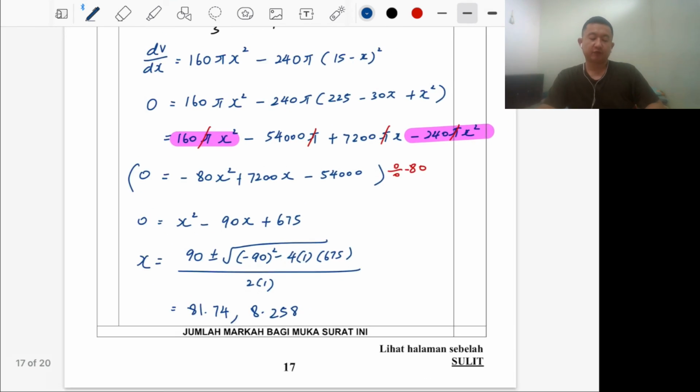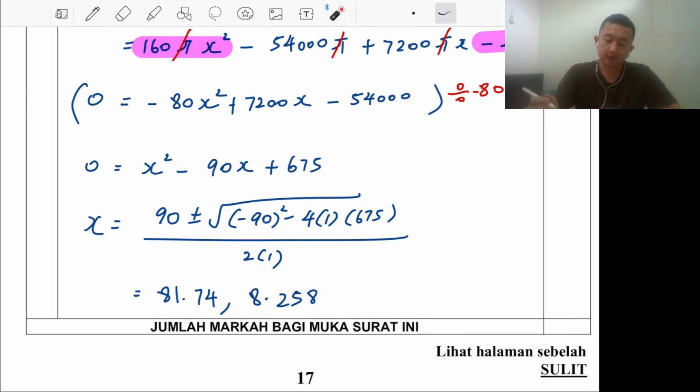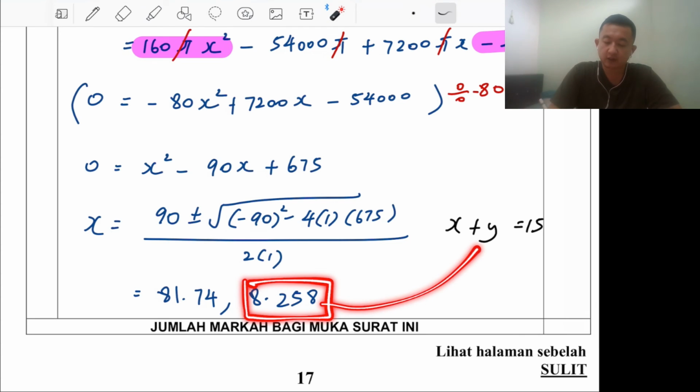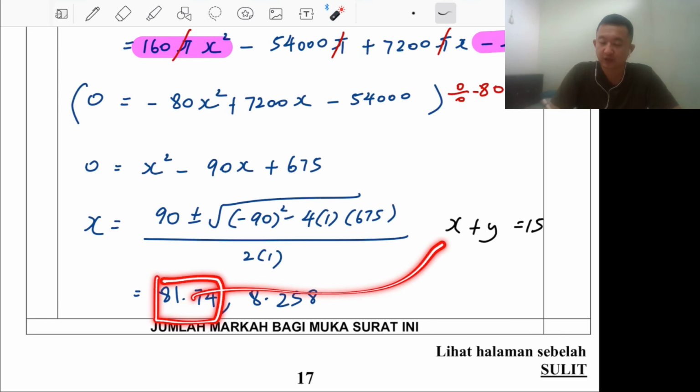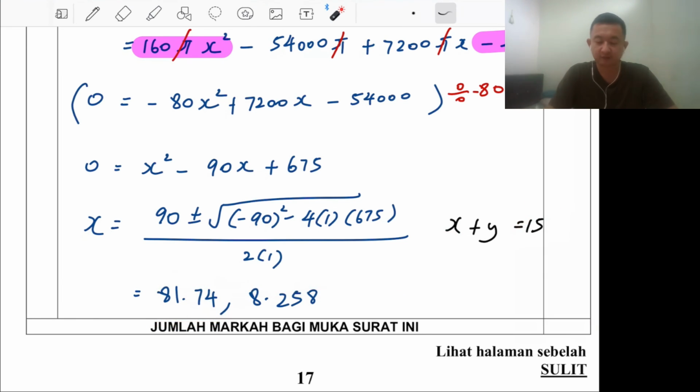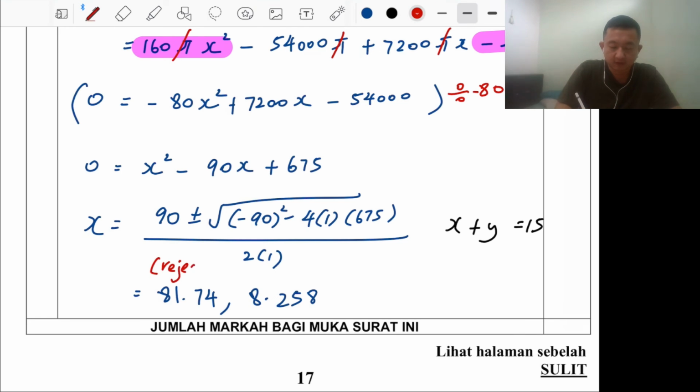Okay, then you have to find the value of y, because we know that x plus y equals 15. This one is still possible if you put it here, but 81.74, you can't put it here. It's more than the total value of x plus y. Therefore, you reject this one.